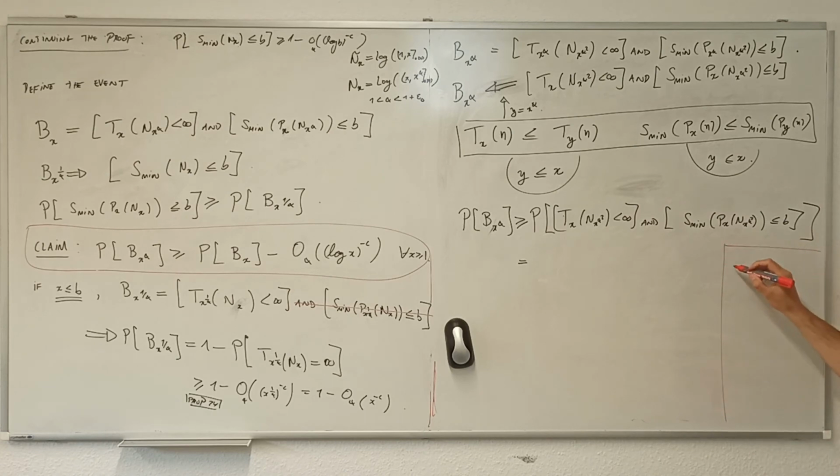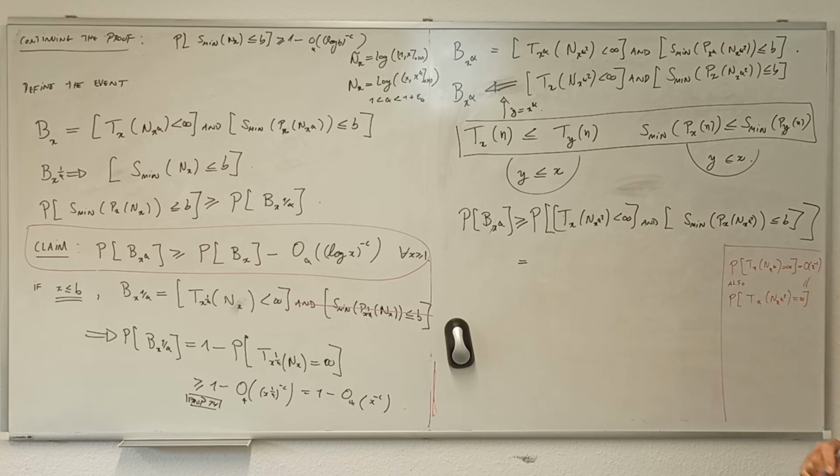The proposition was that the probability of this thing is O of x to the minus c, but this also works if I put a square here, okay? So this was the first item of the proposition, but I should also put, which I forgot, alpha squared equals infinity.